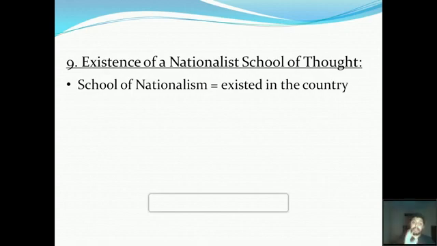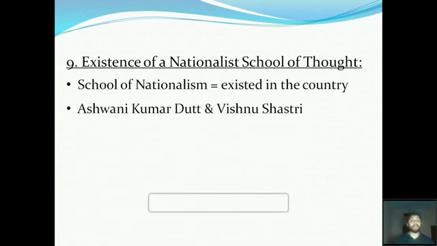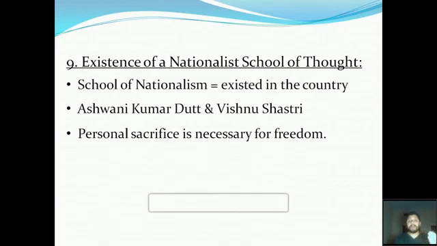So these kinds of ideologies or thoughts about freedom, nationalist thoughts, were being given by a number of intellectuals, and their existence in the country helped the further growth of nationalism in the country, like Ashwini Kumar Dutt, Vishnu Shastri, and not just two, but a huge number of people are there.